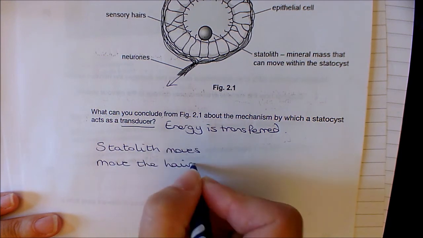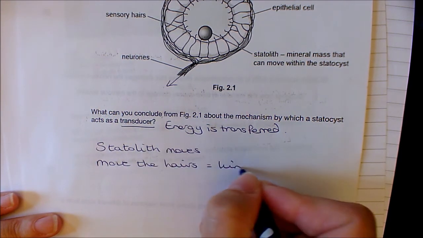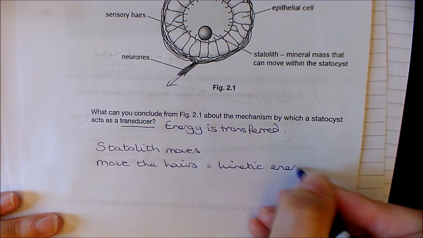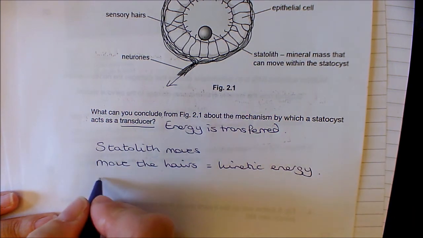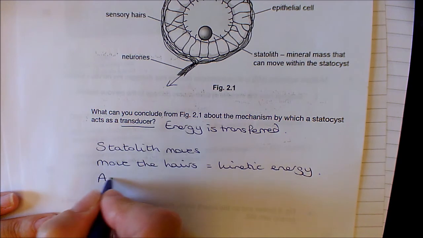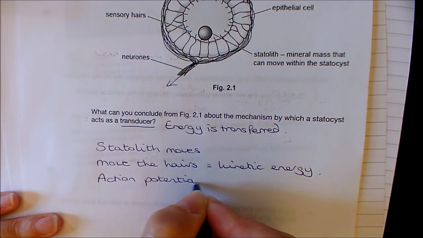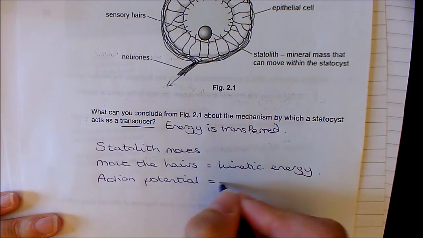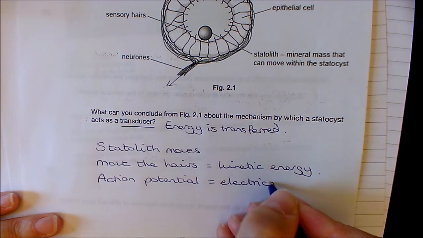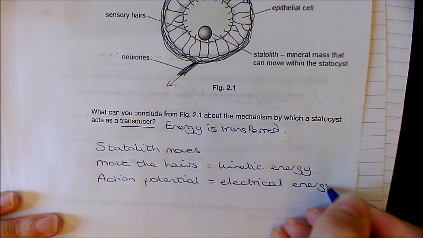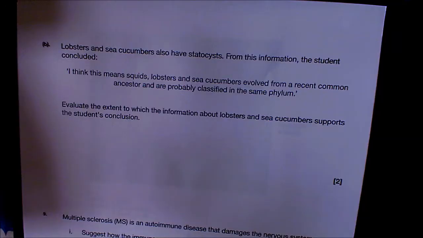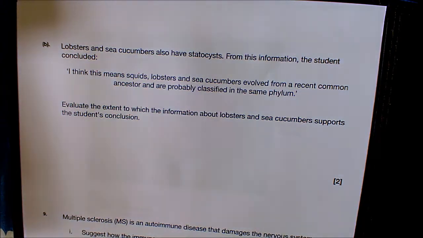So any kind of movement, that's going to be kinetic energy. And then that's going to trigger the action potential, which we know is electrical energy. Okay, so let's move on to the next question.